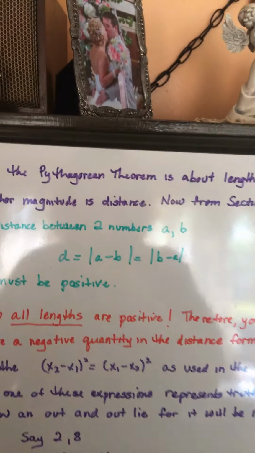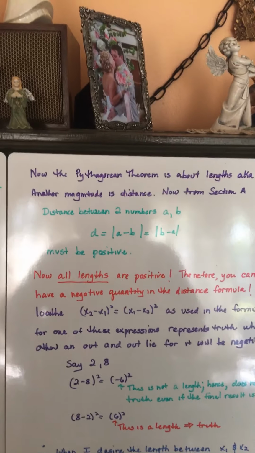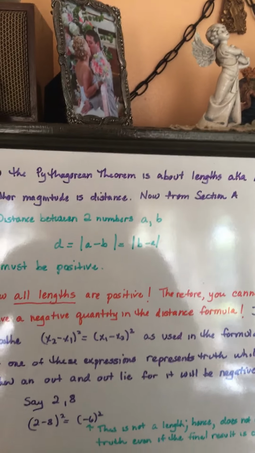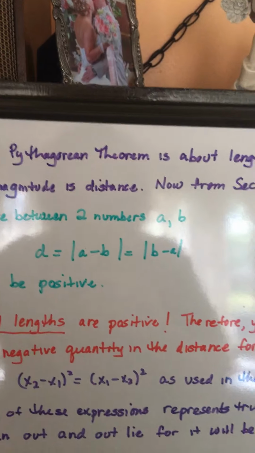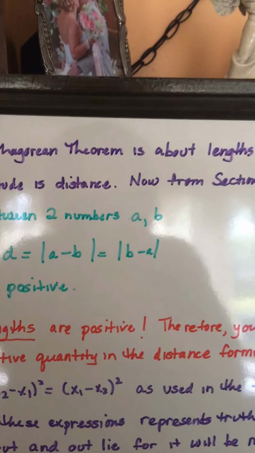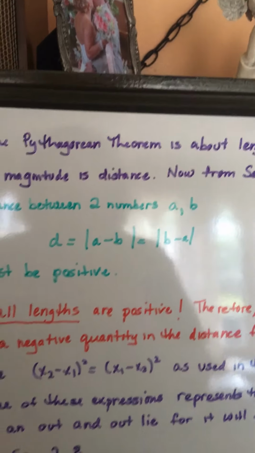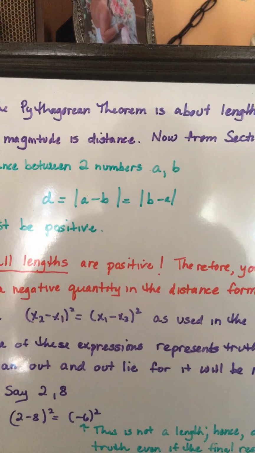So now, the Pythagorean theorem is about lengths, also known as magnitudes. Another magnitude that we discussed in section A was distance. And we realized that the distance between two numbers is the absolute value, or you say the biggest minus the smallest, because if you do the biggest minus the smallest, you always get the absolute value.